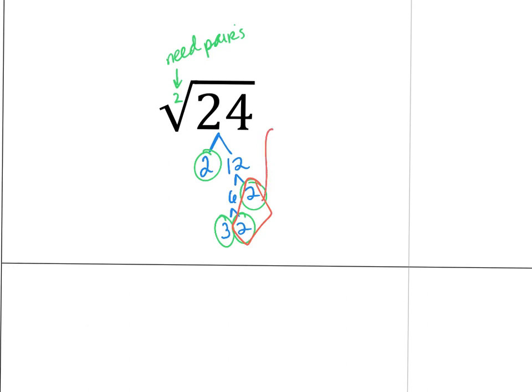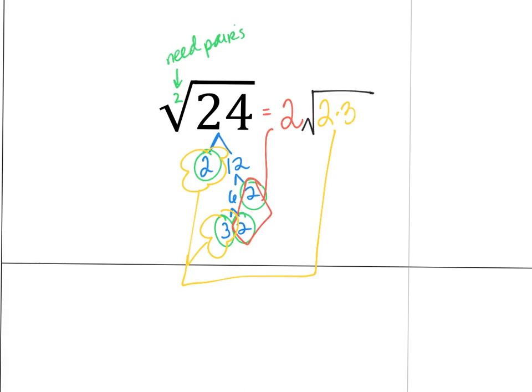So for that pair of 2s, it gets to come out. And then for this 2 and this 3, they don't have any partners, so they just stay inside as 2 times 3. And I'm going to keep the square root on there, and I don't have to write that little index of 2, but my final answer here will be equal to 2 square root of 6.